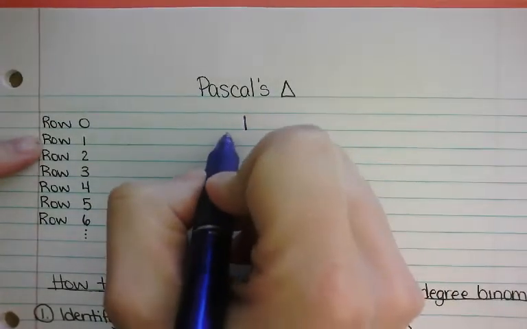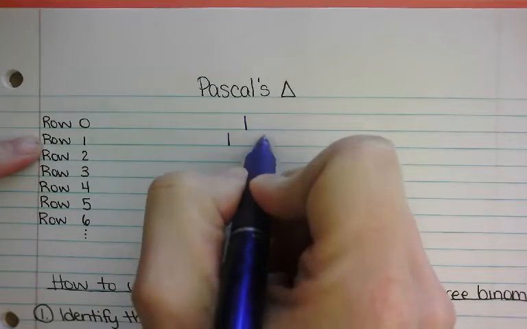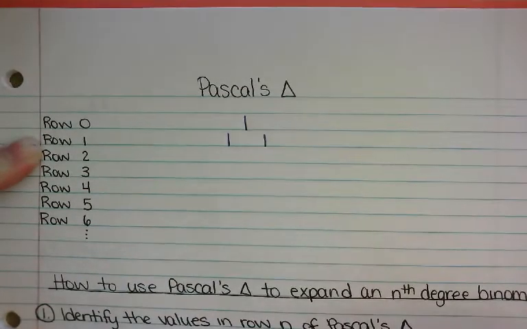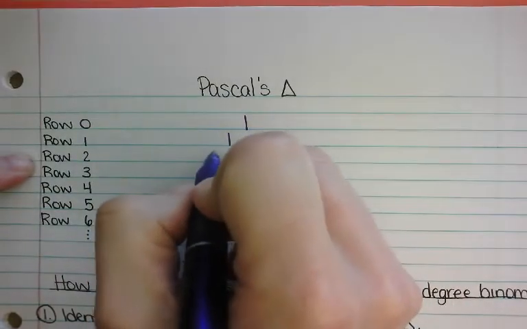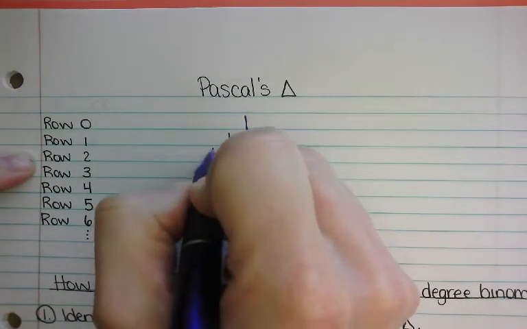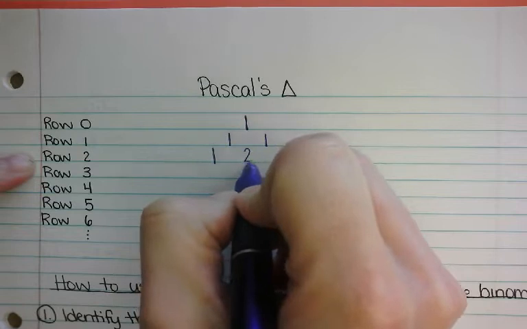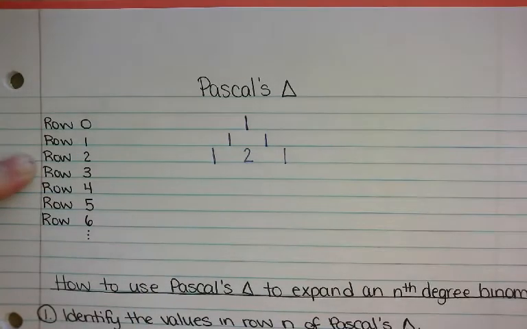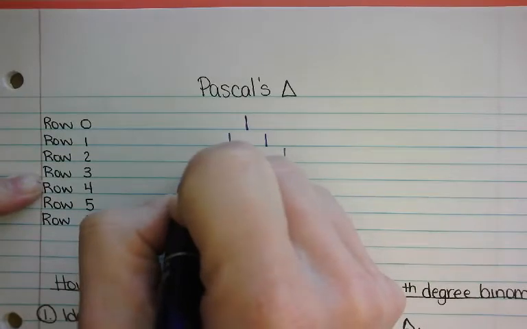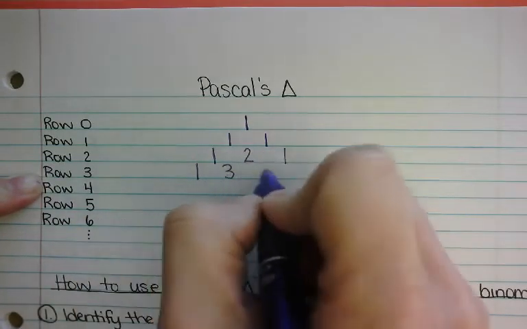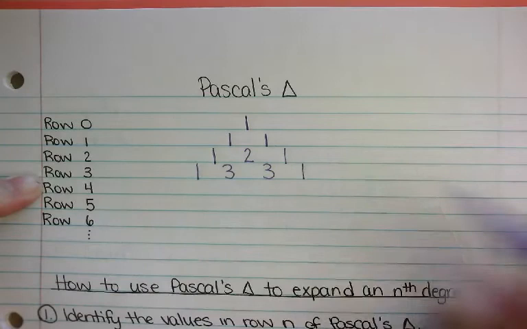Row 1 is going to have a 1 and a 1 as well. Okay, not enough to let you know of a pattern yet. If I look at row 2, the numbers are 1, 2, and 1. Row 3 has a pattern of 1, 3, 3, 1.